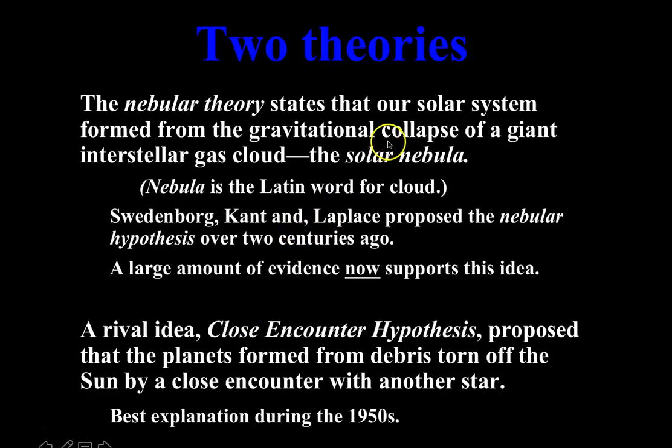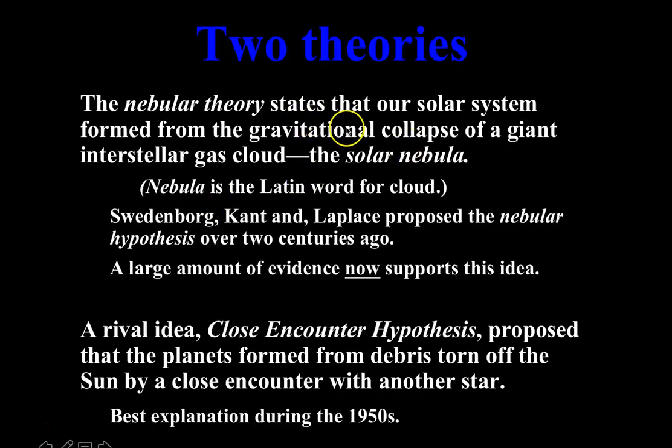Now, as the Planets movie shows or talks about, they talk about Laplace coming up with this proposal called the nebular hypothesis. Actually, it was preceded, or the person that really came up with this idea was Swedenborg, from, as you might guess, Sweden.